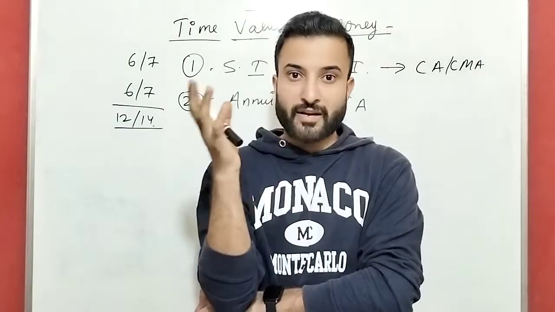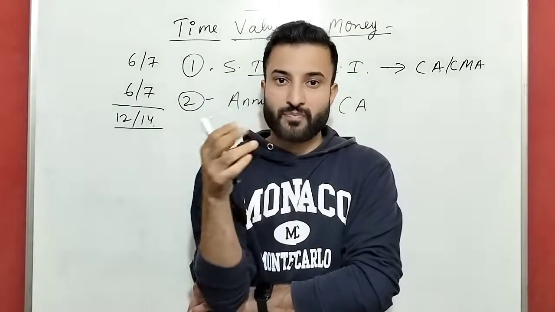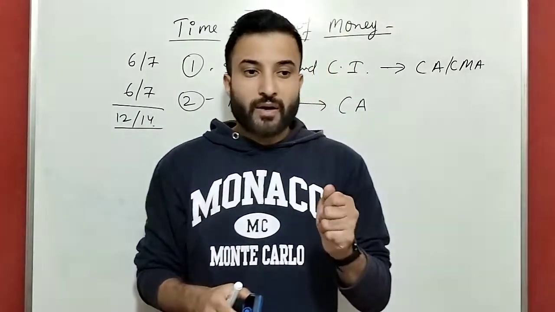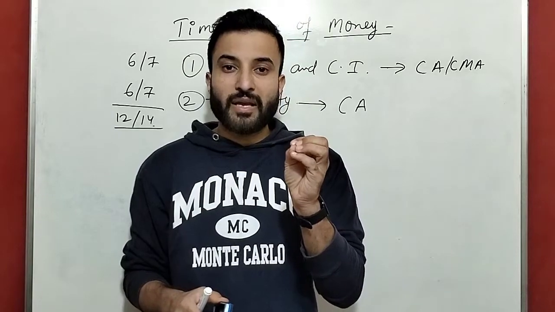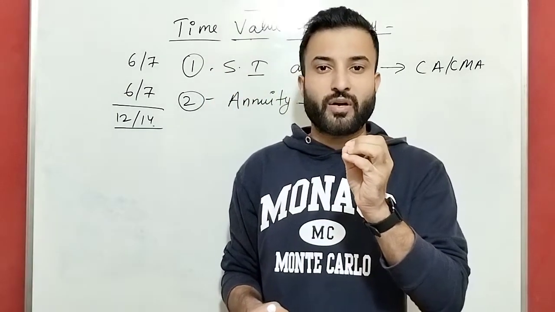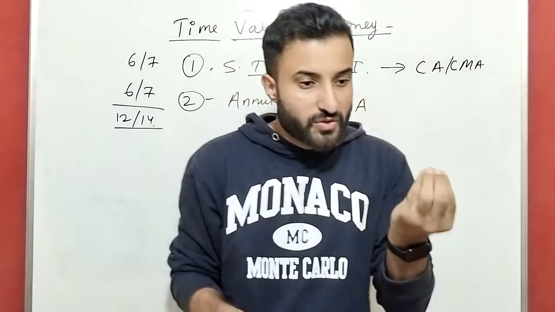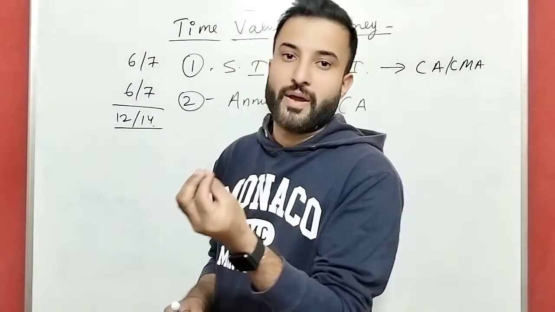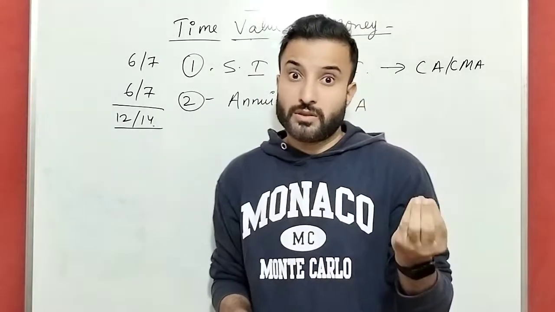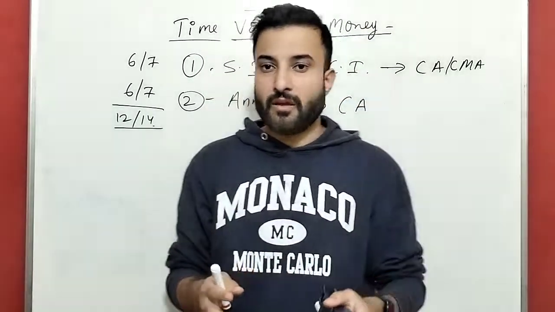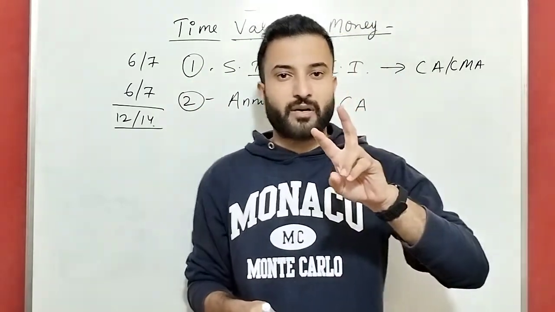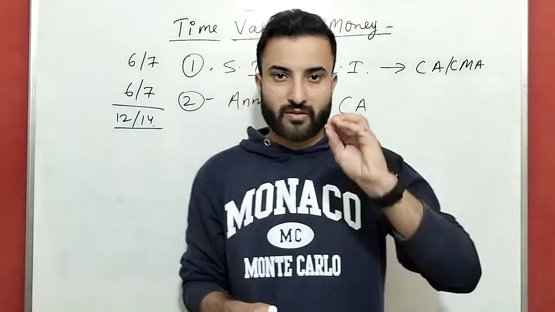Because in annuity we have different types, future value and present value also. So the biggest confusion for the student is which formula to apply when. That is why these two chapters, simple interest and compound interest and annuity, are very important from the examination point of view.